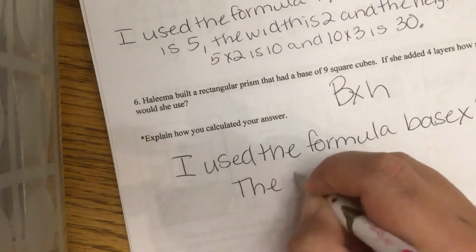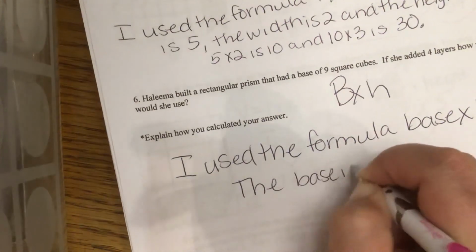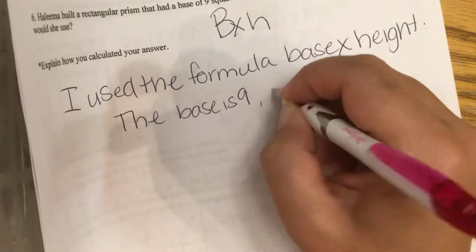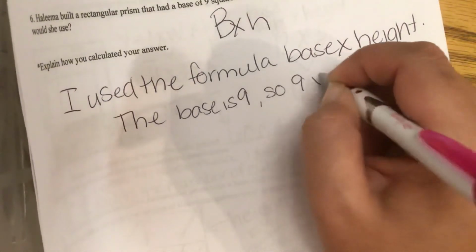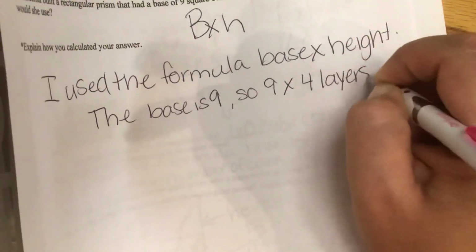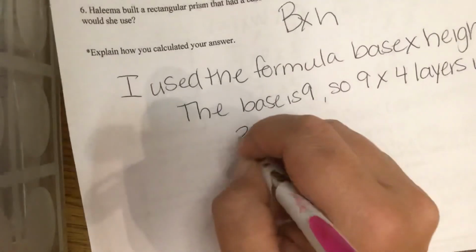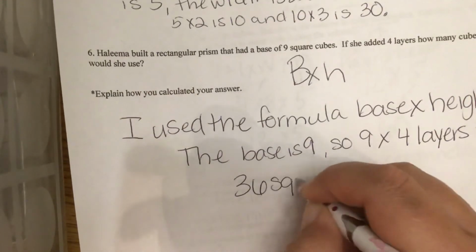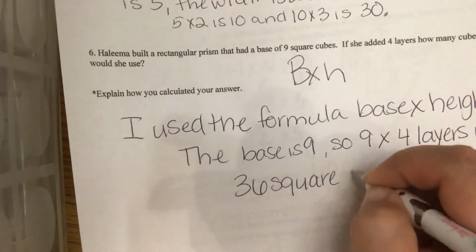The base is 9, so 9 times 4 layers is 36, and they were square cubes. So I'm going to say 36 square cubes.